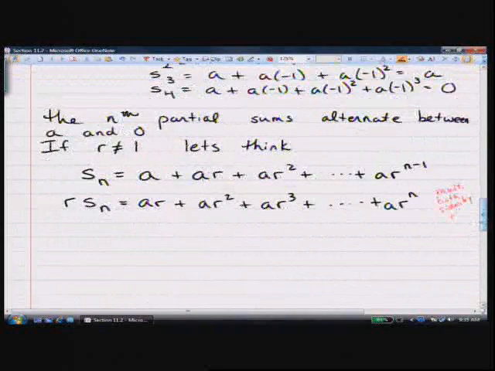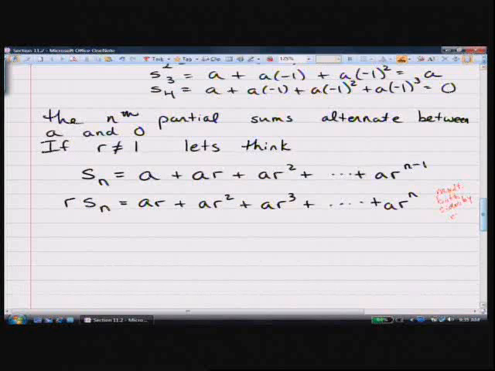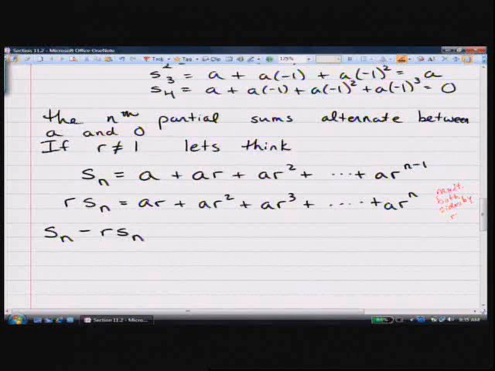So this was just a little trick that somebody smarter than us came up with. And then what they do is, it's a real common thing, I'm going to subtract R times S sub n from S sub n. Okay, so I'm going to do S sub n minus R S sub n, just for fun, and see what happens.